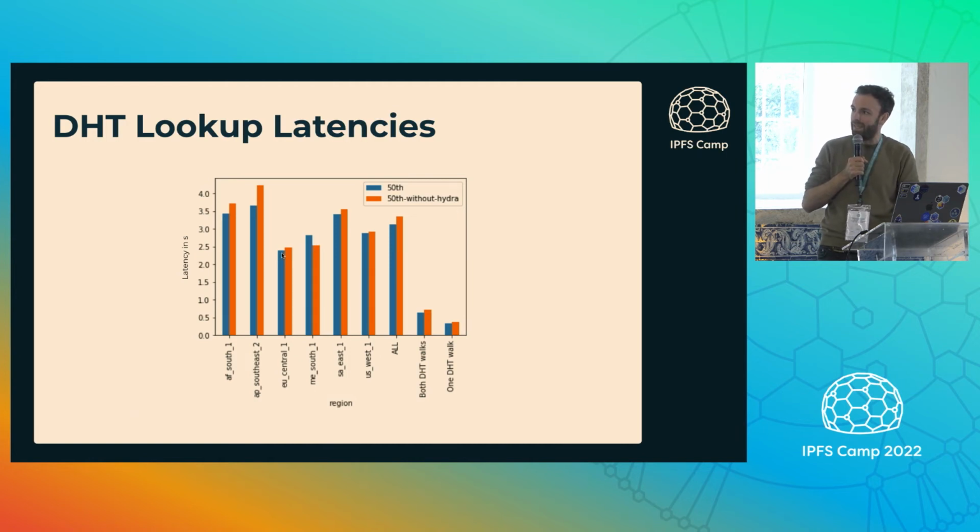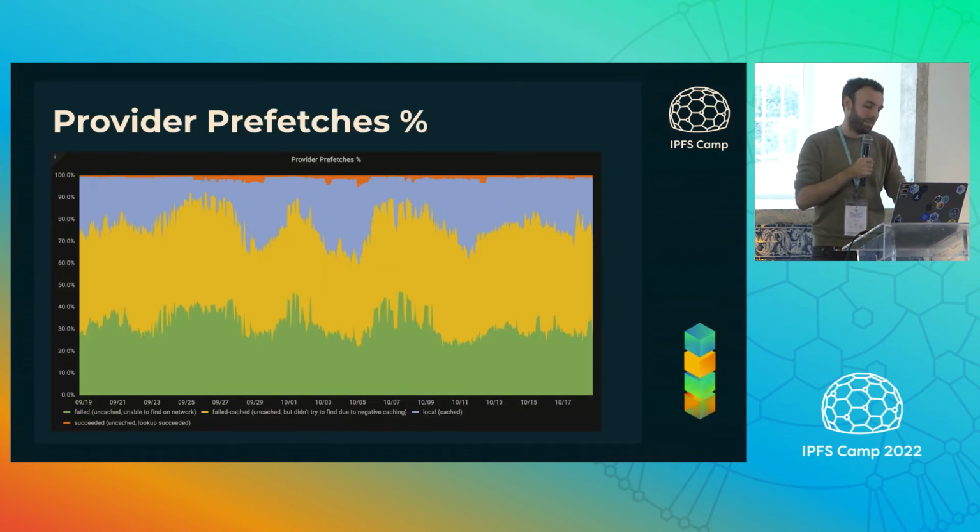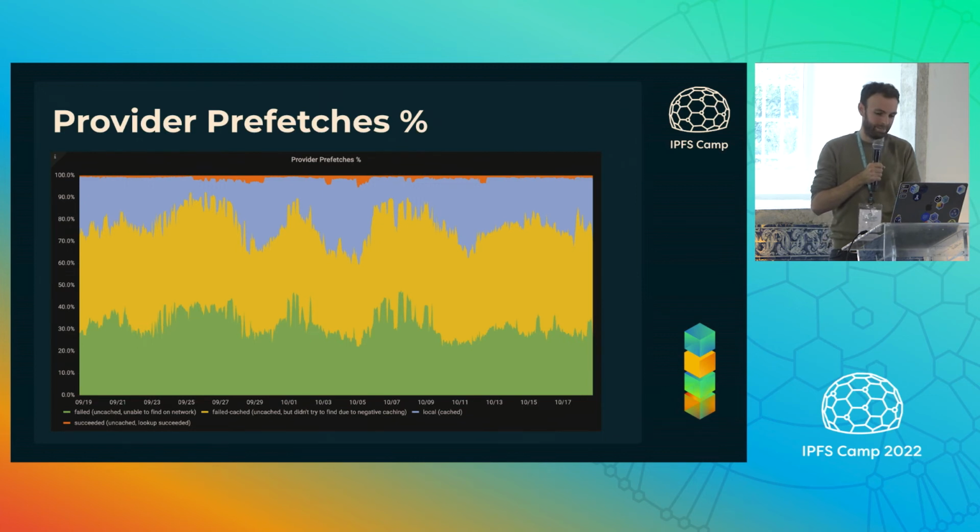This may indicate that this is just a statistical, well, it's quite consistent, but it could also be some noise in the measurement only. So from this study, we could conclude that the Hydras actually don't really speed up the DHT lookup process as it's intended.